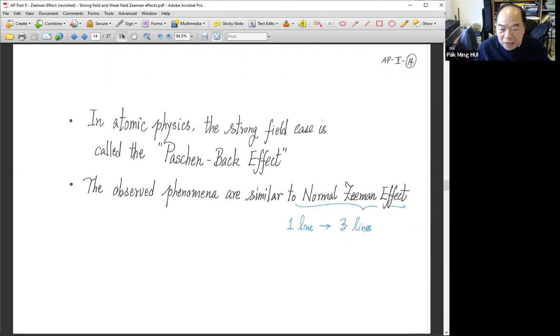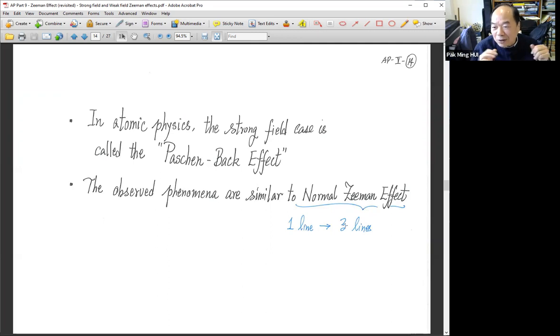In atomic physics, the strong field Zeeman case is usually called the Paschen-Back effect, following 2 names. And as I already mentioned, if you analyze 2p to 1s transitions, you still only see 1 line go into 3 lines.